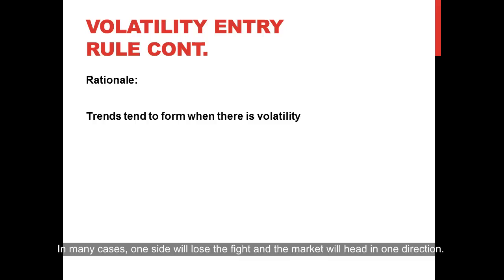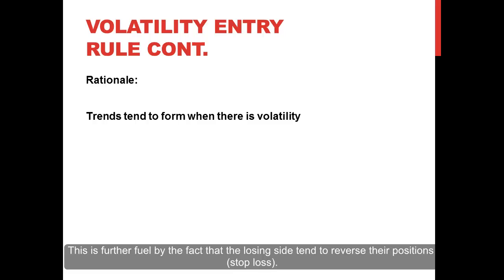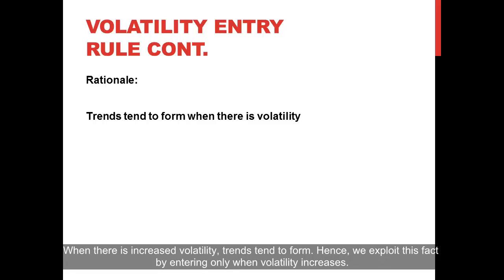In many cases, one side will lose the fight and the market will head in one direction. This is further fueled by the fact that those on the losing side tend to reverse their positions. Hence, when there is increased volatility, trends tend to form. Therefore, we exploit this fact by entering only when volatility increases.